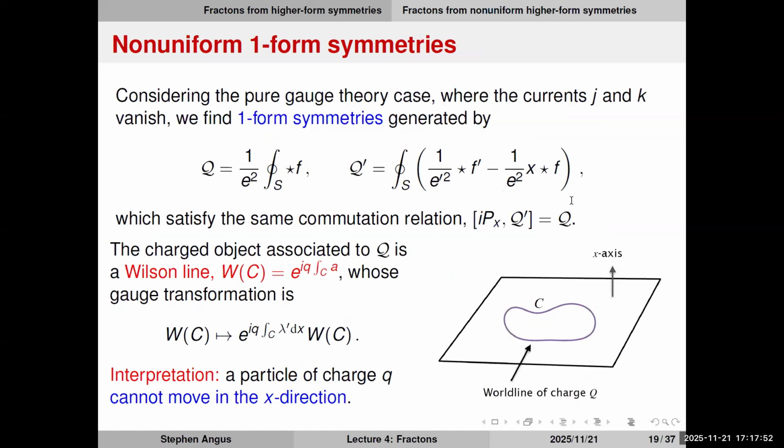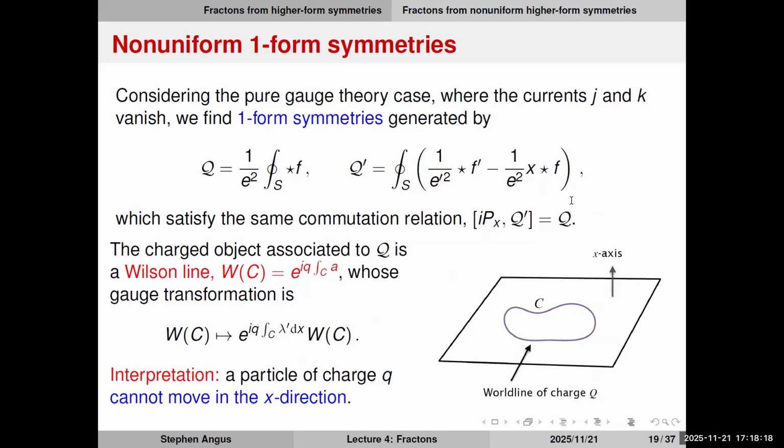In particular, I'll look at the electric one form symmetries. There are of course also magnetic one form symmetries, but these electric ones look like this: I have a curly Q for the integral of star f over some surface, and then a curly Q prime, which is the integral of star f prime over some surface.